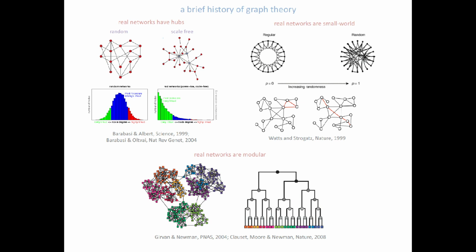And obviously, these realizations coincided with the increasing availability of large-scale network data sets. You could think of networks of Facebook users, Twitter users, maps of the internet, and so on. So now we're starting to collect all these different types of network data. We can analyze the properties and start to get new insights into how things interact with each other.